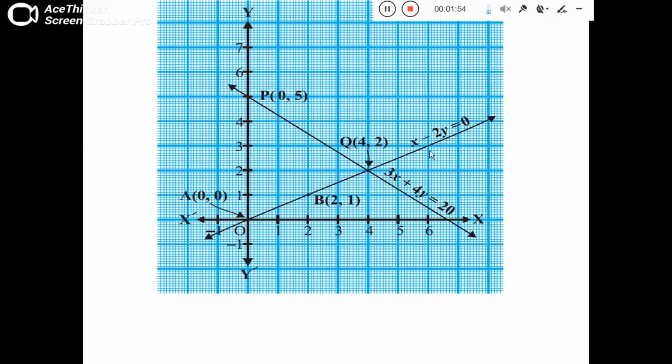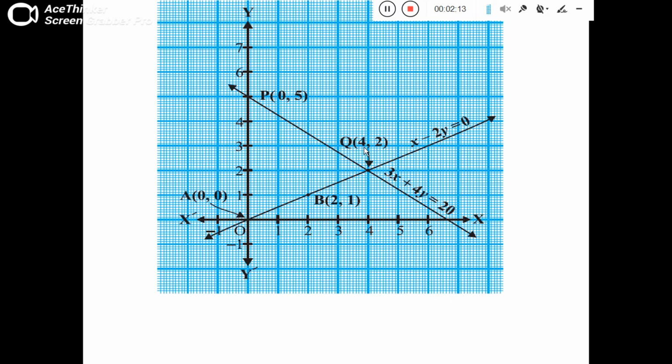After drawing these 2 lines, we see that these 2 lines are intersecting at the point Q, and the coordinate of this point Q is (4, 2). It means it has a unique solution.